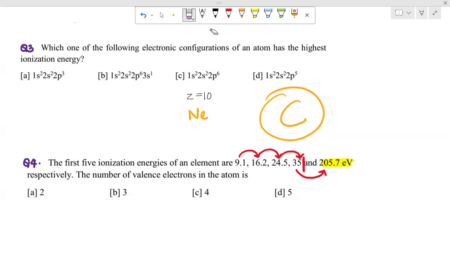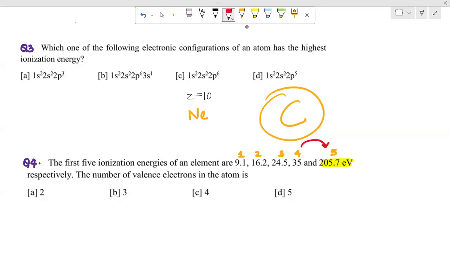Correct? So this is the energy which is required to remove the first electron, 9.1. This is for second, this is for third, this is for fourth, and this is for fifth. So after 4, a lot of energy has to be spent for the electron to be removed.